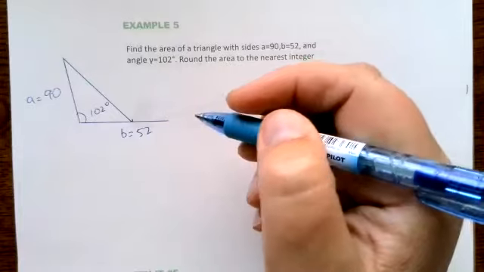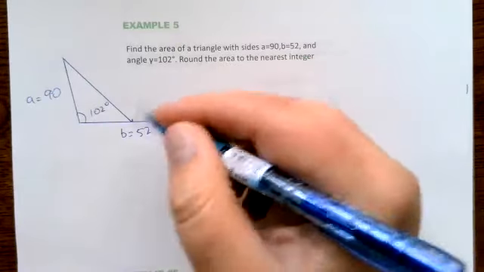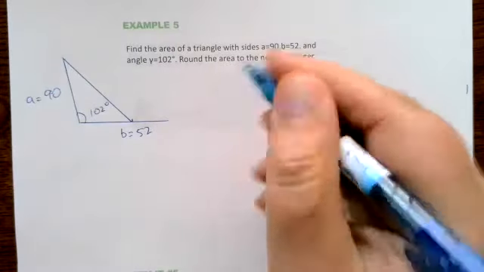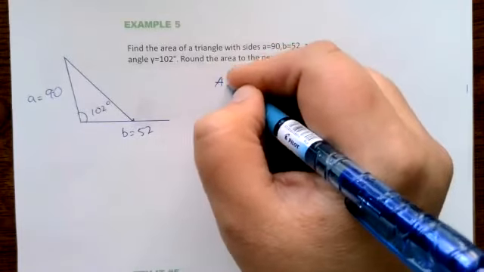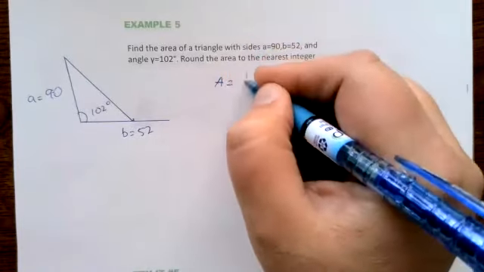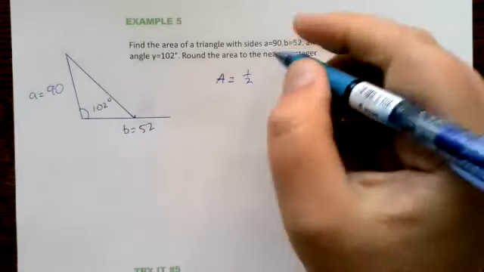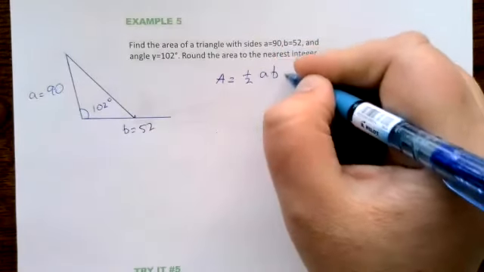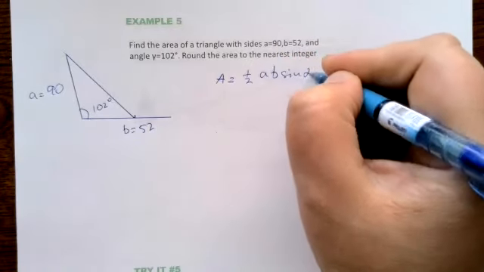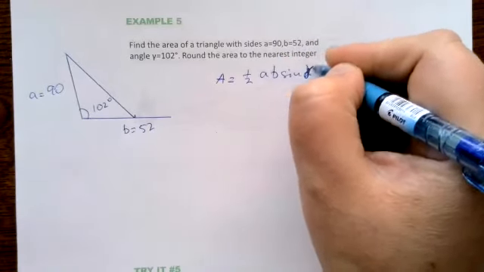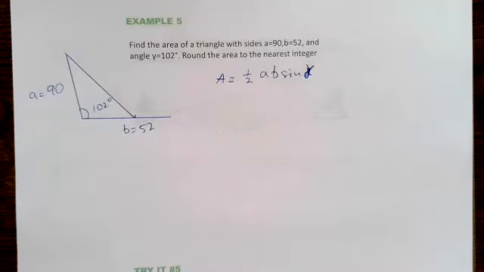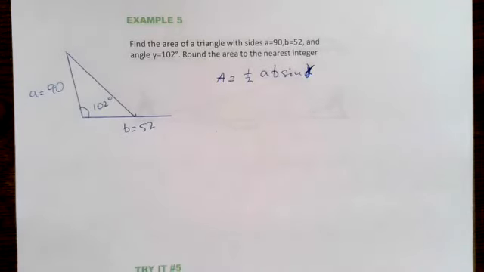We need to find the area of this triangle. So we know that the area is 1/2. Well, which sides do we know? We know a and b, right? a times b times sine gamma, according to the formula.